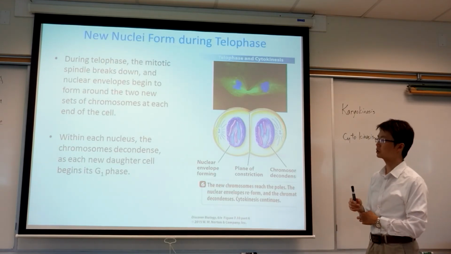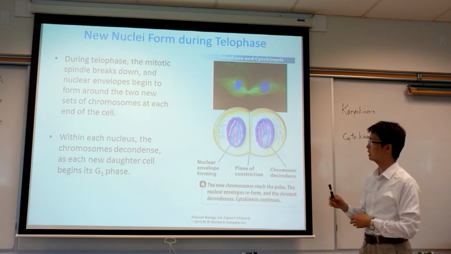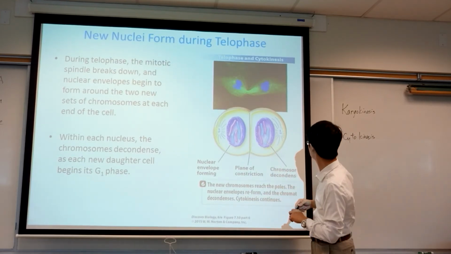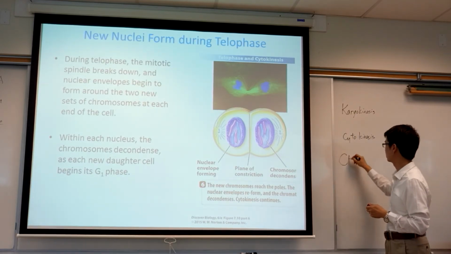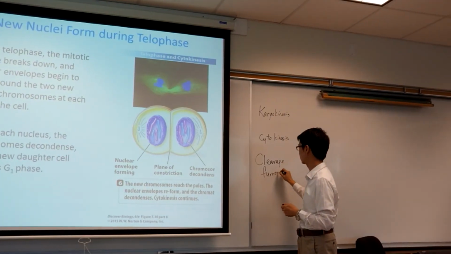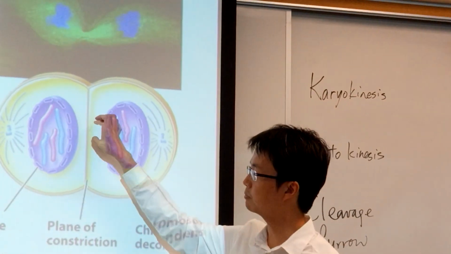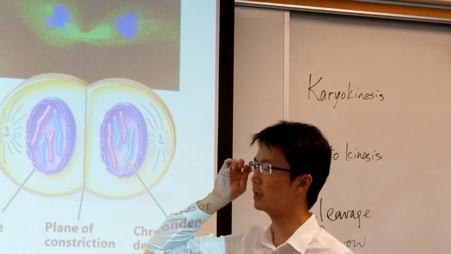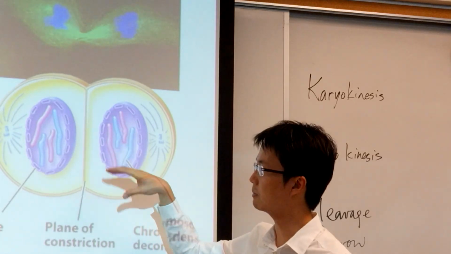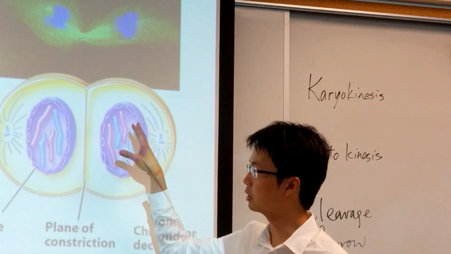Telophase really depends on whether it is an animal cell or plant cell. If it is an animal cell, telophase is characterized by this. We call this a cleavage furrow. Cleavage furrow is basically the pinching or invagination of the cell membrane, and you can see two separate nuclei on the opposite ends.